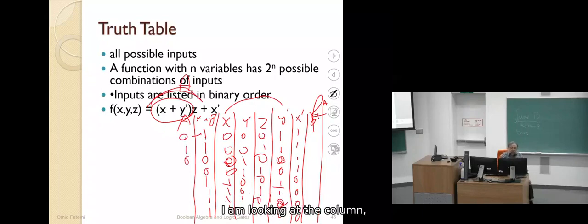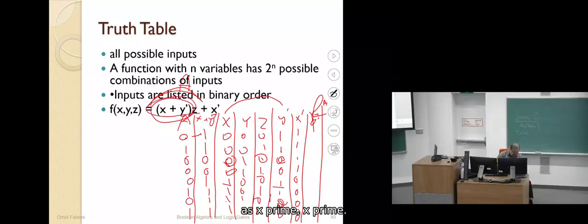I am looking at the first column and the fourth column. So 0, 0 is 0. 0 and 1 is 0. 1 and 0 is 0. 1 and 1 is 1. 1 and 0 is 0. 1 and 1 is 1. So we have now this as this.